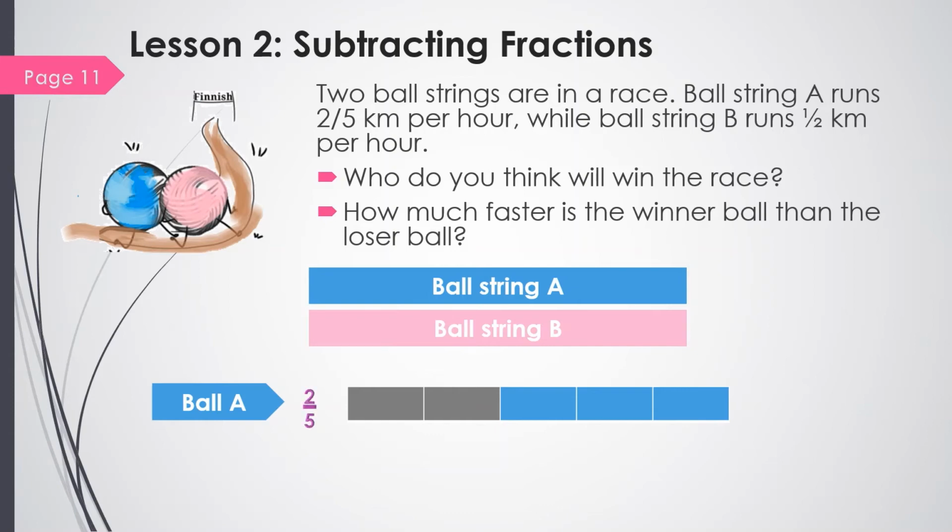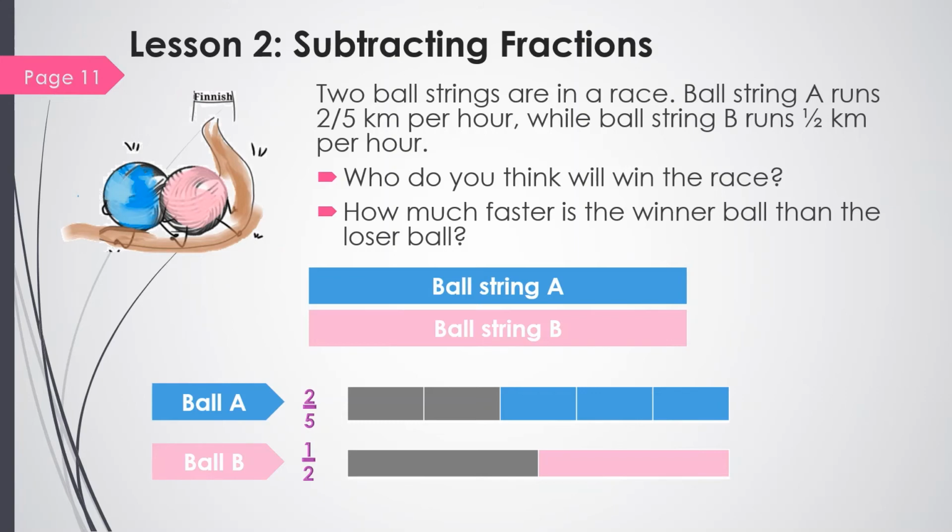Si ball B naman, itong pink natin, runs 1/2 kilometer. Mayroong 2 parts, tapos isa doon ang shaded. So, that makes it 1/2.